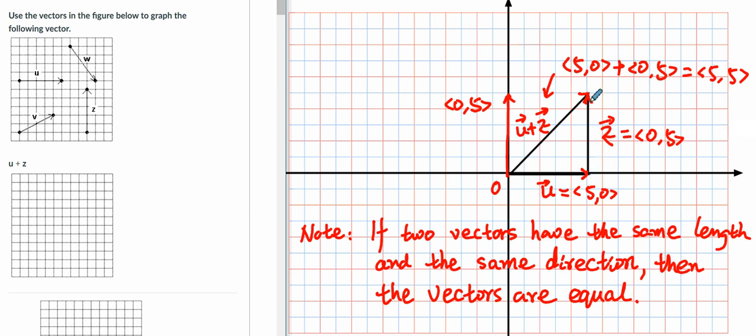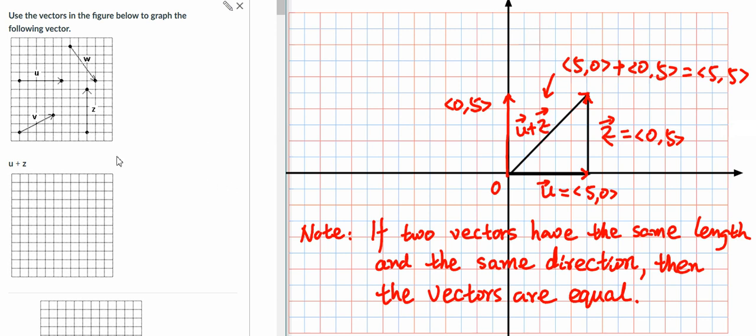Then the ending point of the second vector, in this case, is right here. So if you connect the initial point of the first vector and the ending point of the second vector, that will be the sum of the two vectors. That's the rule, which is called the triangle rule.